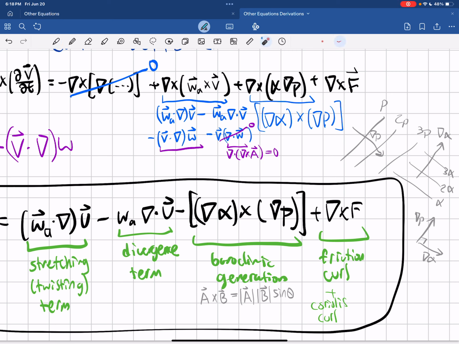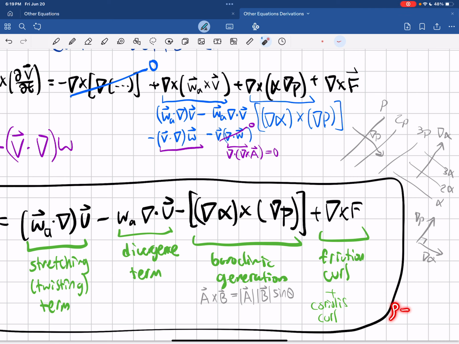So baroclinic is when, if temperature just stays the same everywhere, it's called barotropic. But if temperature is changing, so you have a gradient field where temperature is changing, maybe it's 2T, whatever. That's not going to happen, but anyways, if temperature is changing, and temperature is actually related to density by this equation, P equals rho RT.